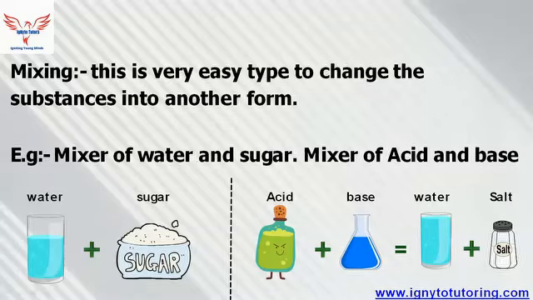So this is one type of change. When acid reacts with base, or acid and base are mixed together, they form salt and water. So some kind of changes, modifications, are taking place at the chemical level, and hence we are able to see a new substance forming over there.